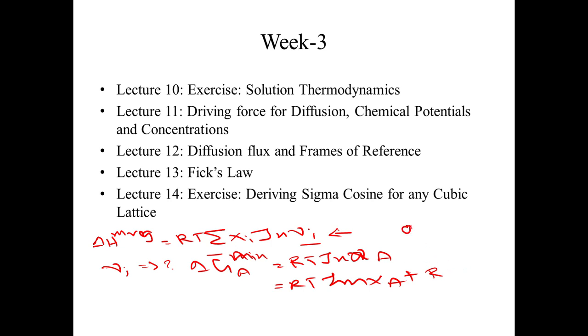We know the activity of the A component equals gamma into Xi, so that can be written as XA into RT ln gamma i. From here we will be determining the activity coefficient, gamma, of the A component.